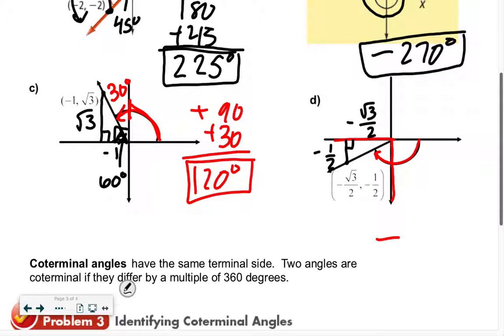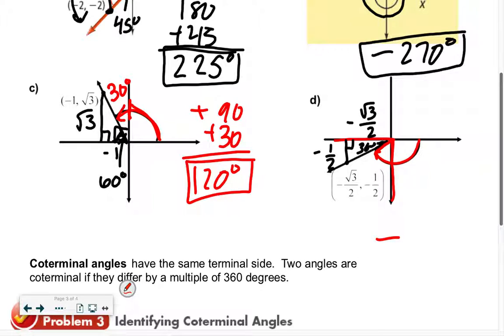Okay. It's not as standard as C was, but can you tell me what kind of triangle I have? 30, 60, 90. Okay. This time I want this angle, which is across from my 1. So is this one 30 or 60? This one is 30. So what is my red angle? This one.